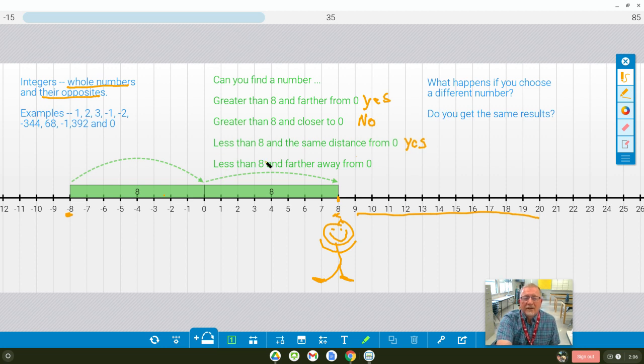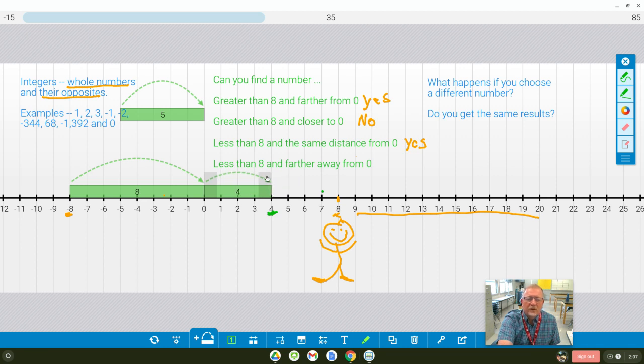Can you find a number that is less than 8 that is farther away from 0? Well, let's take a look at this. 4 is less than 8. Is 4 farther away from 0? Here's 4 right here. Is it farther away from 0 than 8 is? It's not.